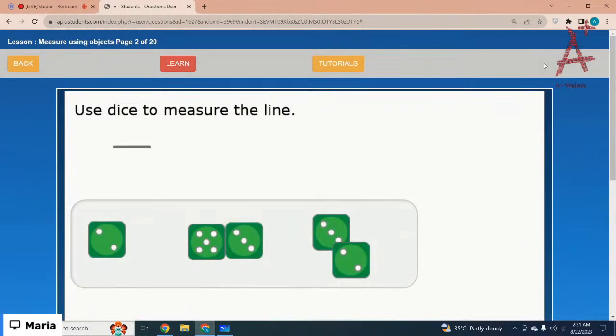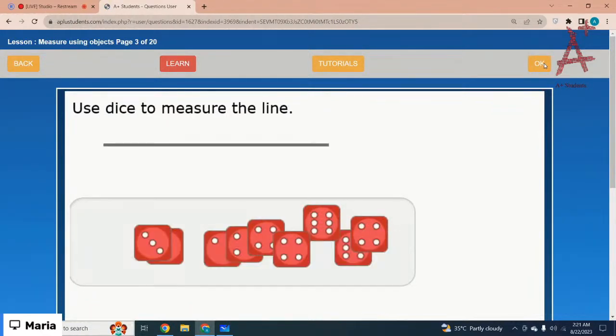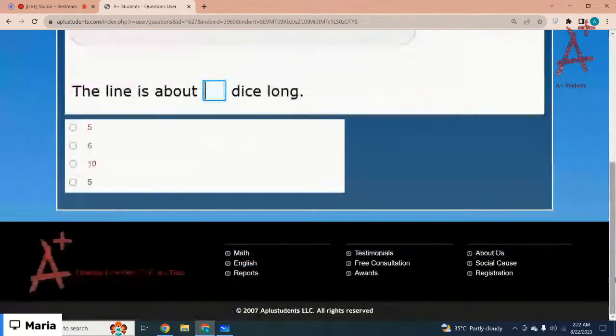Okay, the next one. I think it is 5 or 6, right?